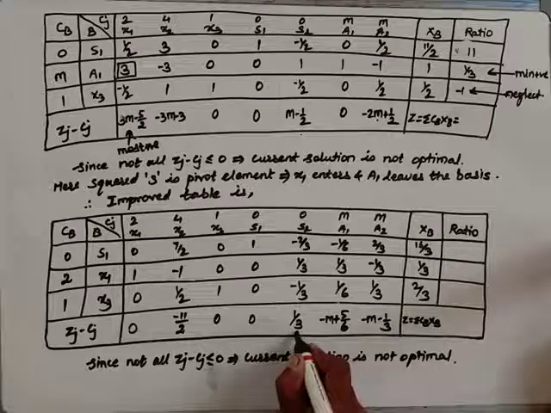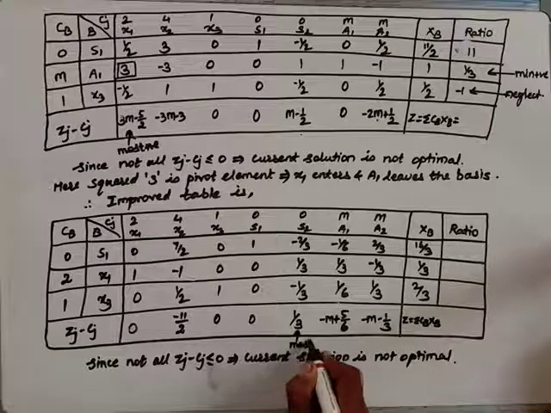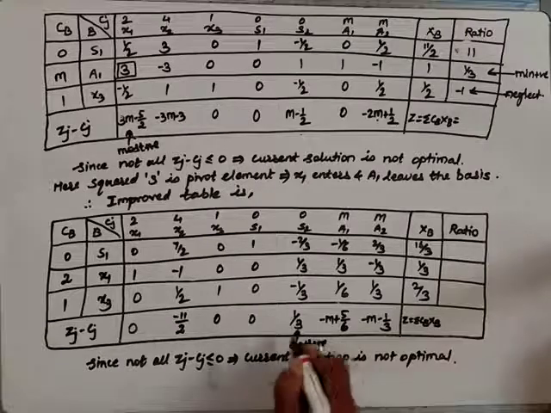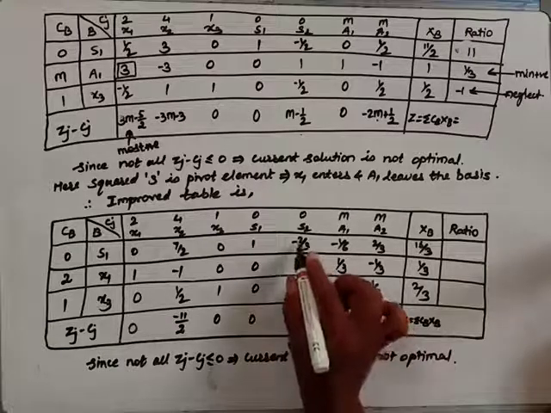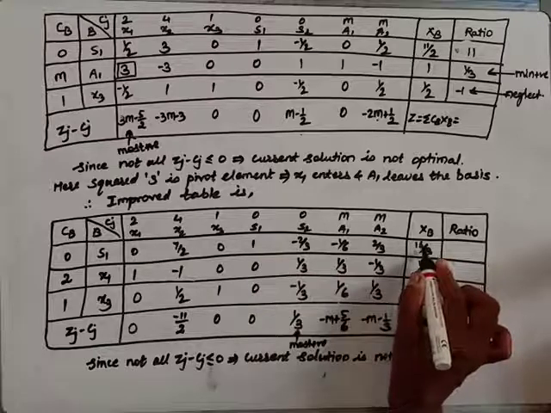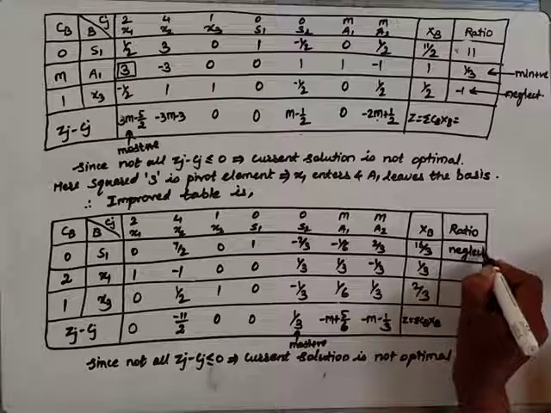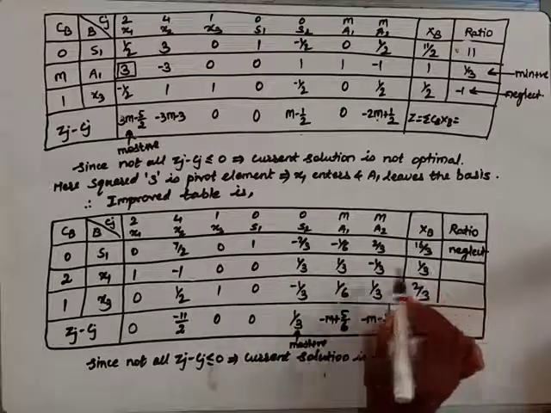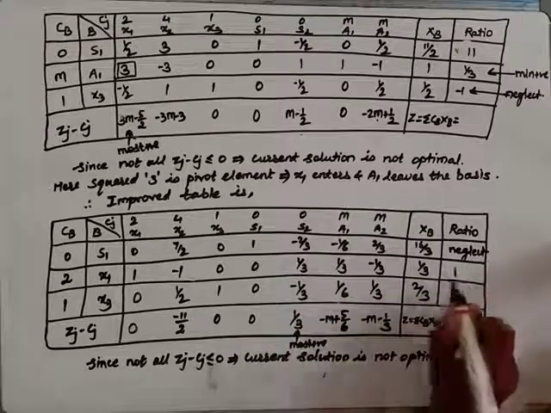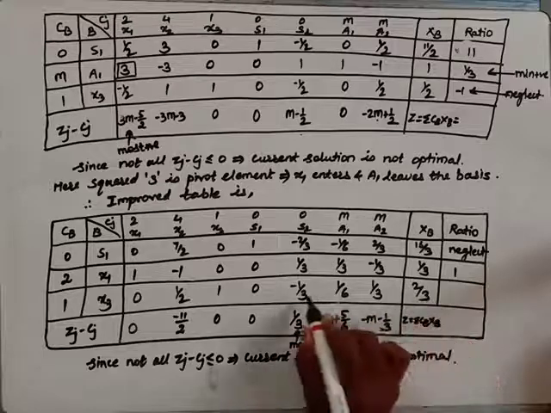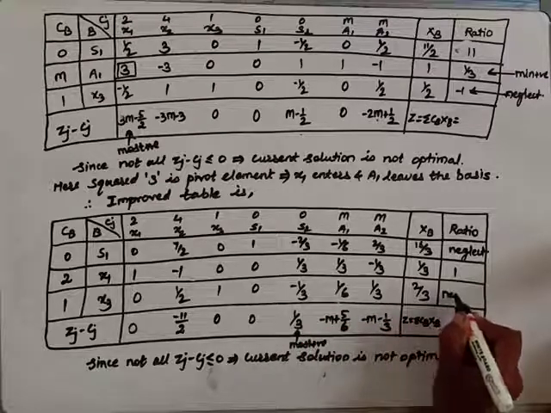So this is our pivot column, most positive, only one positive quantity, so it is most positive. Now here this is a negative entry, so this ratio is neglected. Okay, now here this is a positive quantity, the ratio is 1. Here again a negative quantity, so this ratio is also neglected.